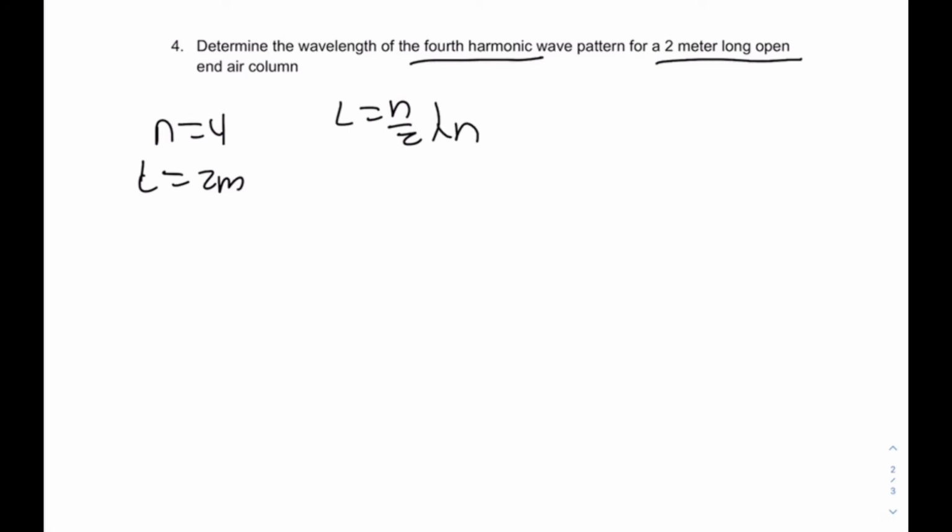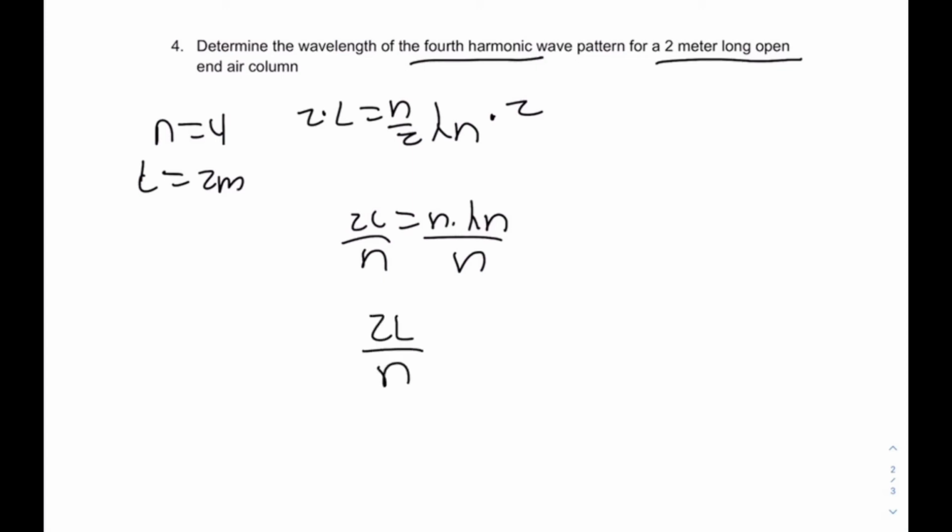And you have to rearrange it to solve for the wavelength, so you're going to do that by multiplying both sides by 2. And when you multiply both sides by 2, you're left with 2L equals n times lambda n. And then you have to divide both sides by n to get lambda n by itself. So you get lambda n equals 2L over n.